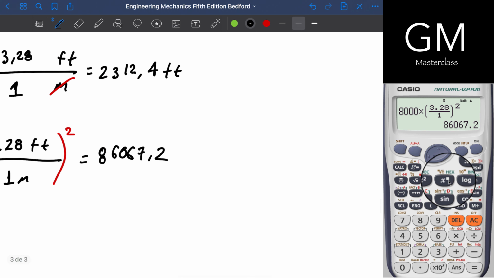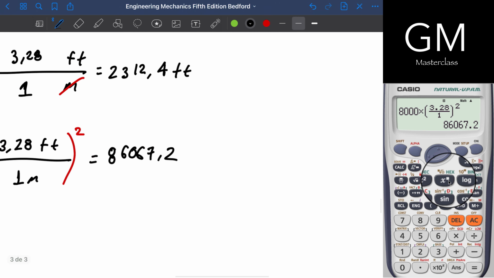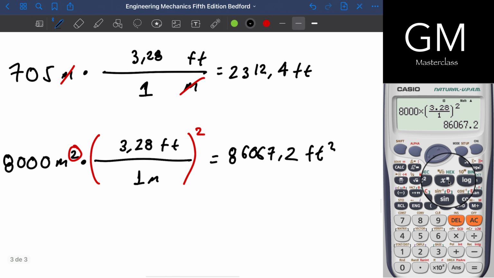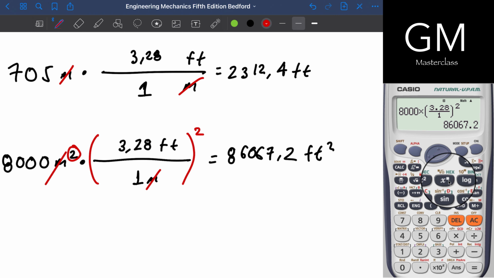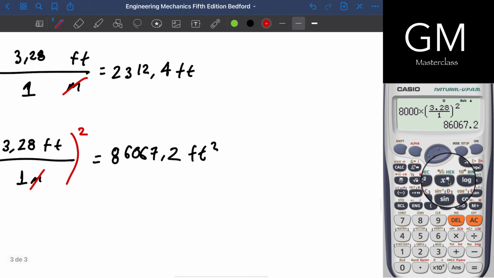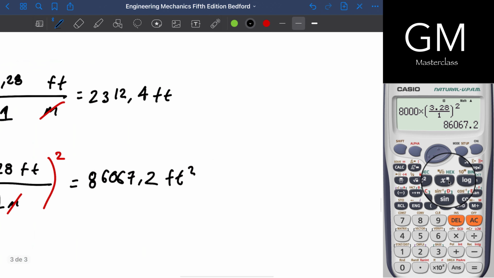So I have already done the conversion in square feet. I eliminate this one. So I have to transform these results into scientific notation for me to get just 3 significant digits.